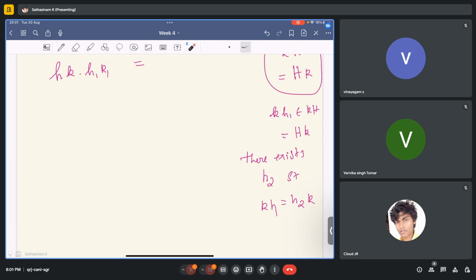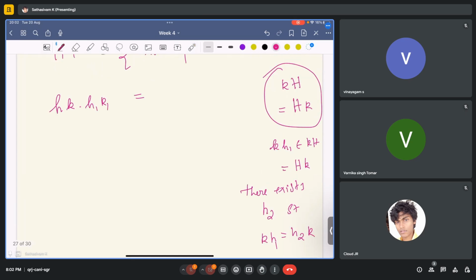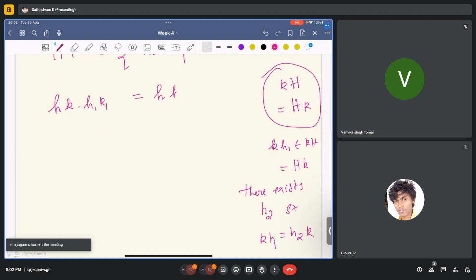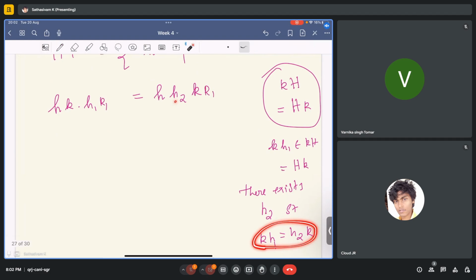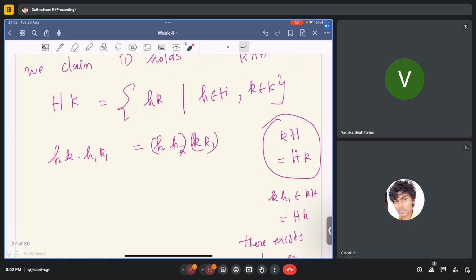It's not necessarily the same h1, but it's the same coset, and there is some other h2. So this is equal to h2kk1, where I'm just replacing it here. You can see this is another element: this is an element of H, and this is an element of K. So you can see the closure property holds.